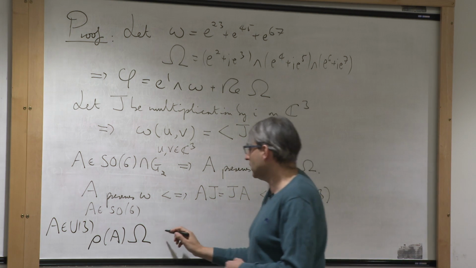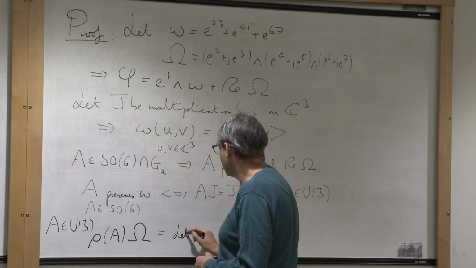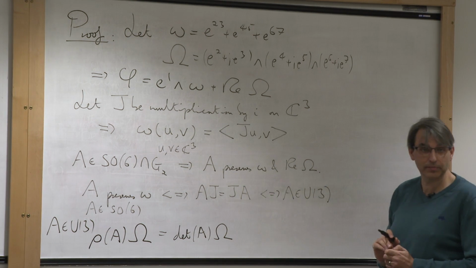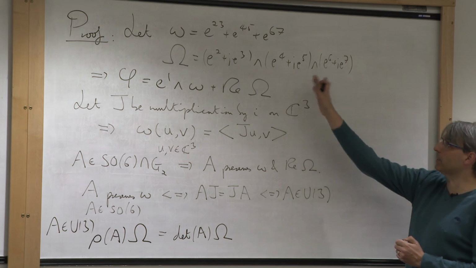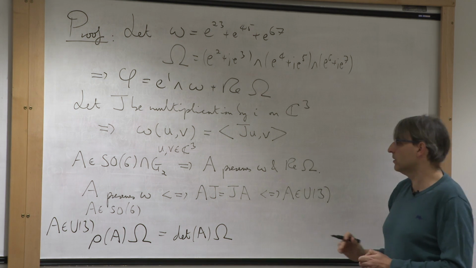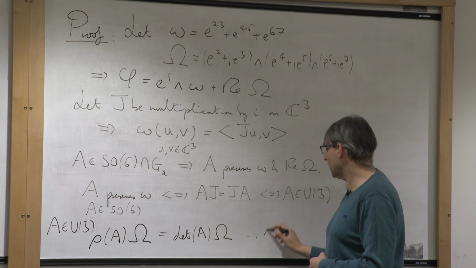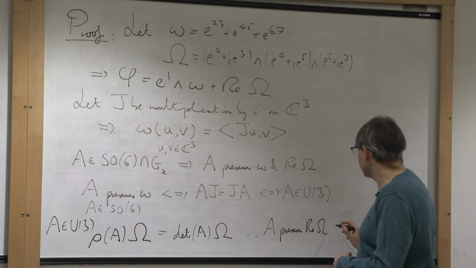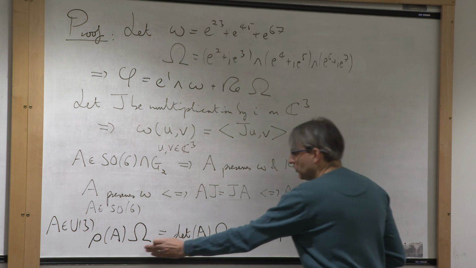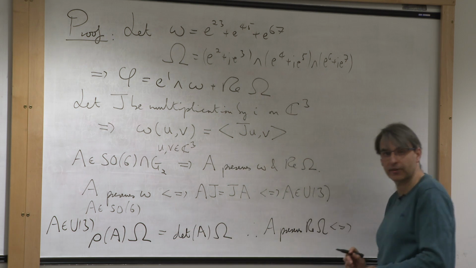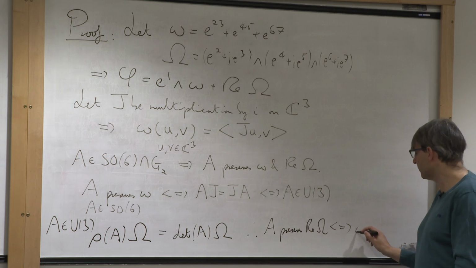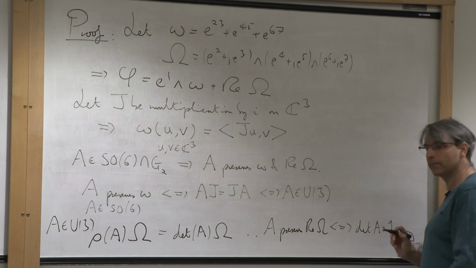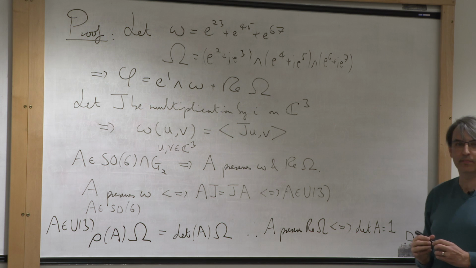And so this thing is going to be the determinant of A times omega. So it's a calculation you can do, but it's very believable by the definition of the wedge product. Therefore, A preserves the real part of omega if and only if, well, I can take real parts here, I need the determinant of A to be 1. But that's it, right? That's the end.